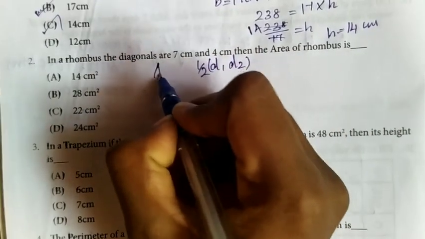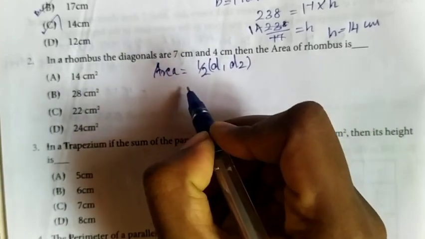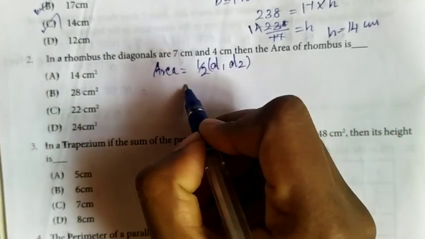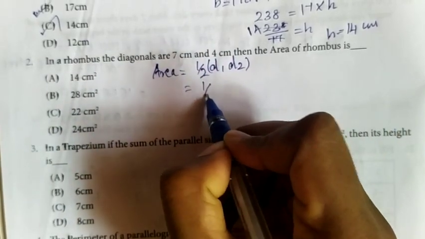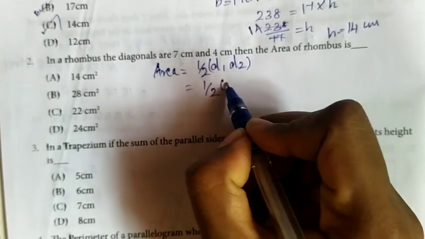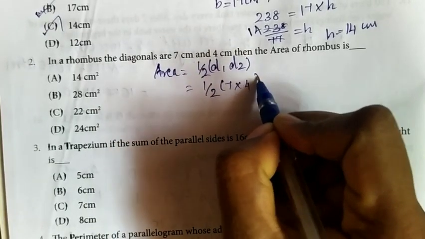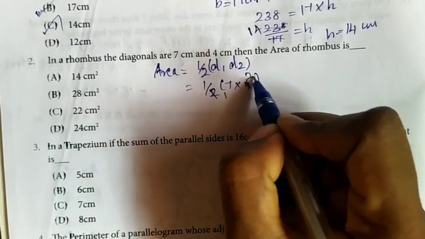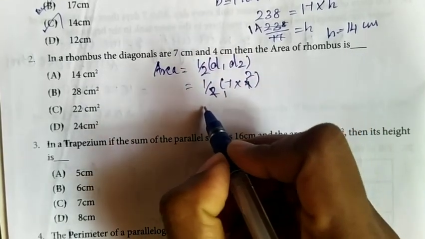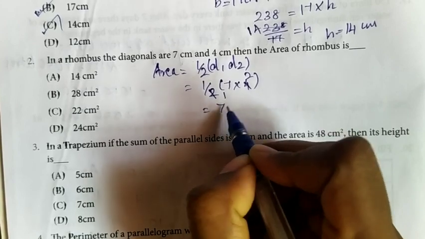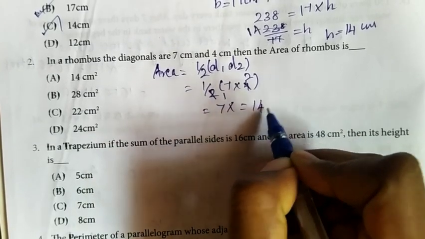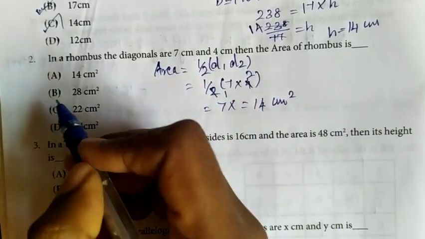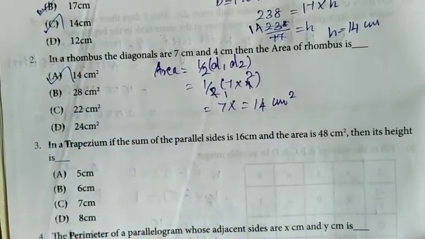Substitute the values: half into 7 into 4. Then cancel it by second table, 2 1 is 2 and 2 2 is 4. Then answer is 7 into 2, we get 14 centimeter square. Option A is the correct answer.